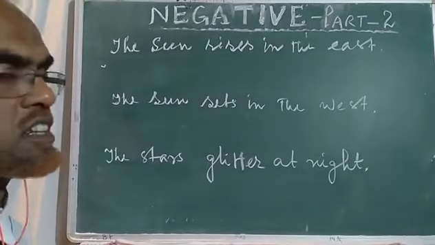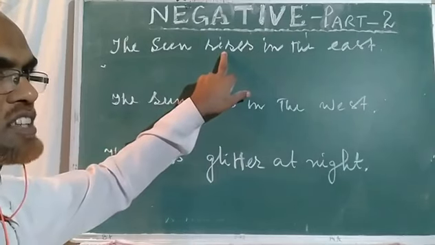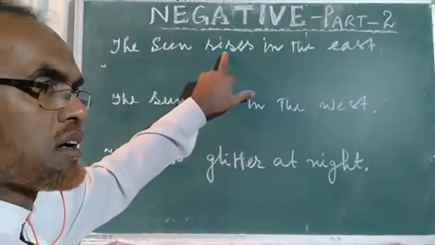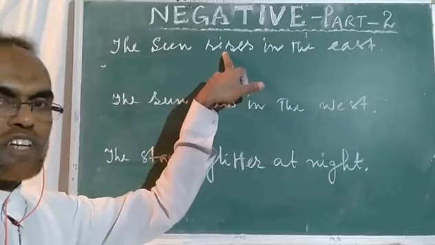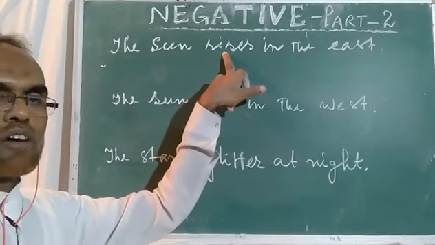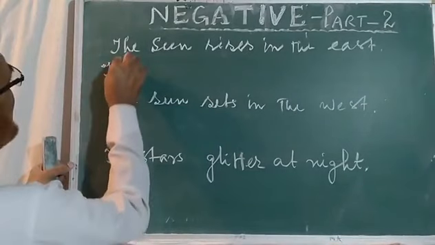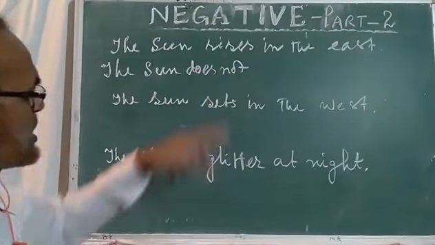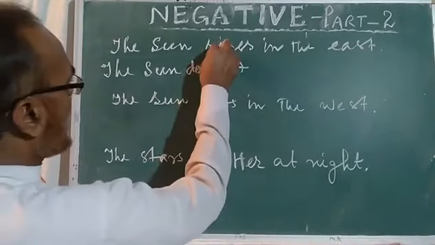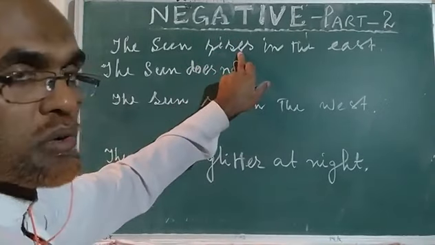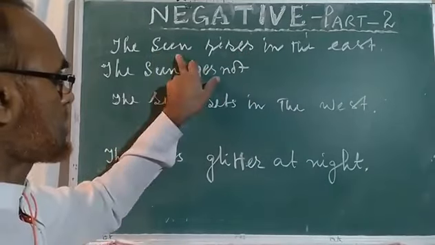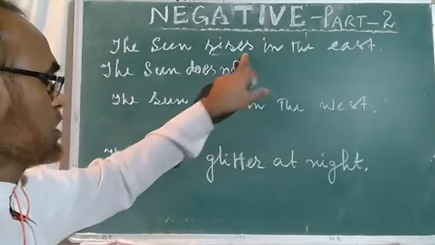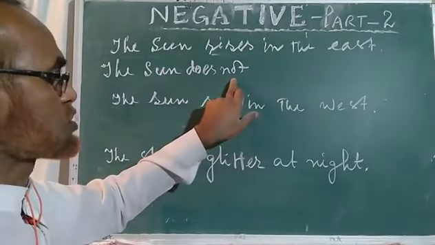And after not but, the verb of this sentence will be in the main form or the present form or V1 form of the verb. That is, the sun does not. Why does not? There is S with the verb. The sun is third person singular number, so S is added with the verb, and that is why we write the sun does not.